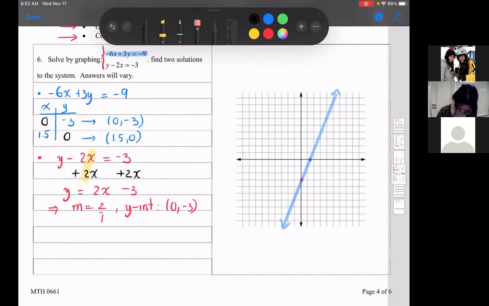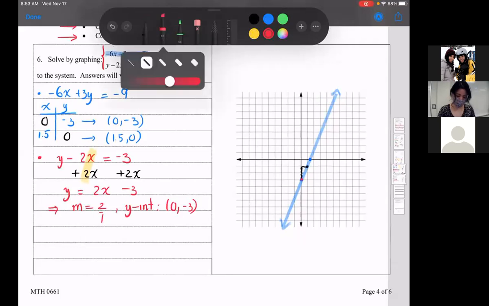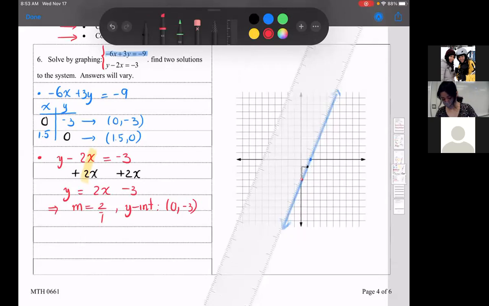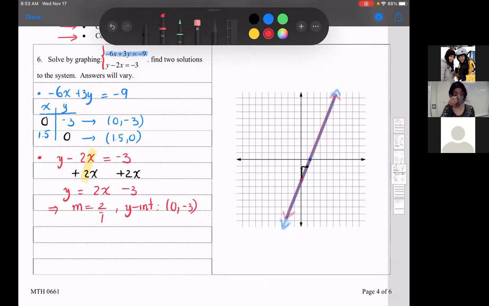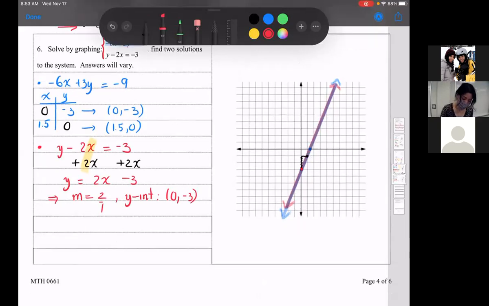And then you rise 2, run over 1, on the same line, right? On the same line. All right, so that's definitely infinitely many.